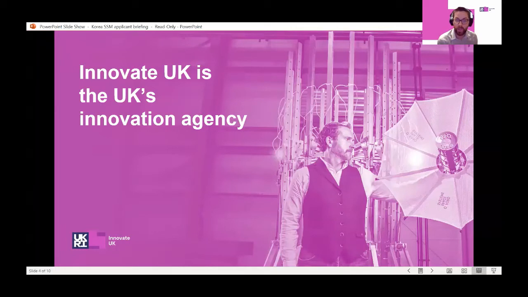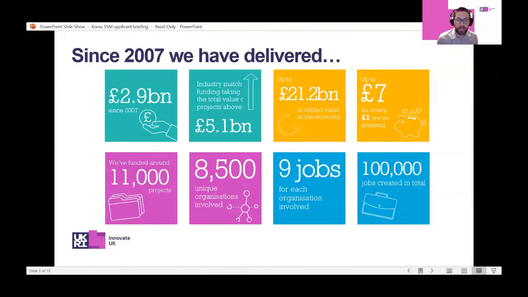Innovate UK, we are the UK's innovation agency responsible for delivering the innovation strategy. And we have delivered with impact. So since 2007, when we were first formed, we've delivered a number of programs that have had impact. I won't dwell on all of these, but you can see a lot of those on your screen.